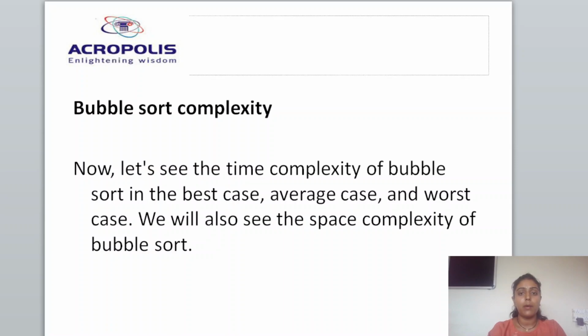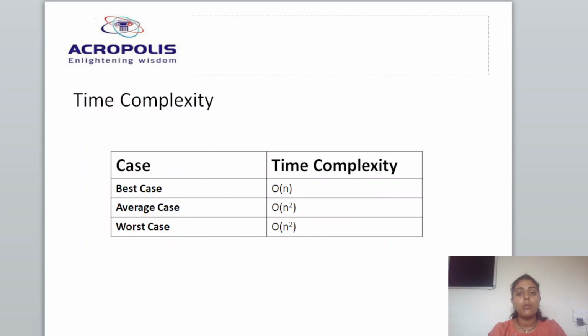The time complexity of bubble sort in the best case is O(n). In the average case it is O(n^2), and in the worst case it is O(n^2).